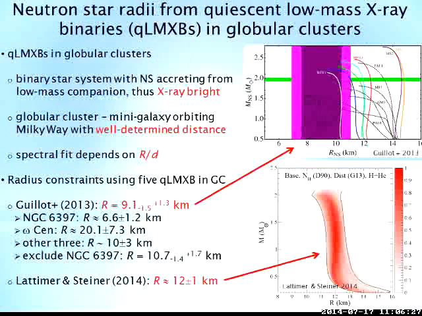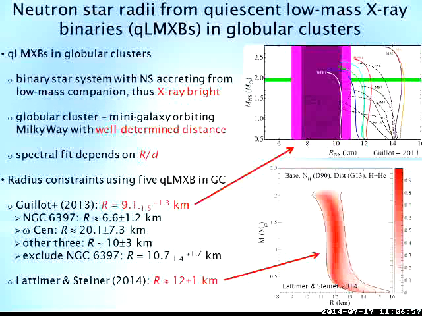So the first topic we're going to talk about is the neutron star radii from QMXBs, quiescent low mass X-ray binaries in globular clusters. Why do we look at these sources? Why are they important or useful? Well, first, a QMXB is a binary system with two stars. One of them is a neutron star, and the neutron star is accreting matter from a low mass companion.